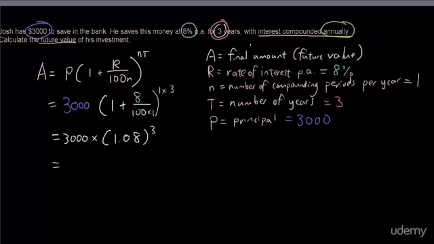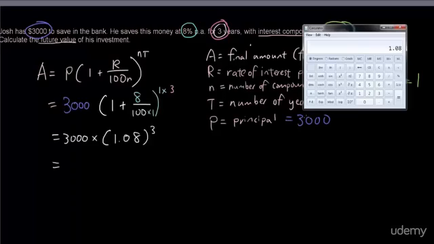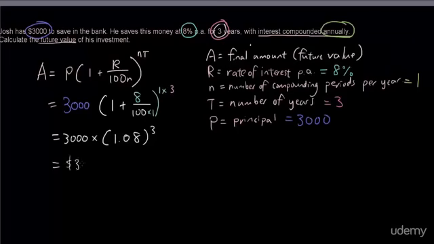So then when you type it in, it'll just be 3,000 times 1.08 to the power of, is this button here, to the power of 3, and press equals, and you got 3779.14. Which I believe is the same answer that we calculated before.